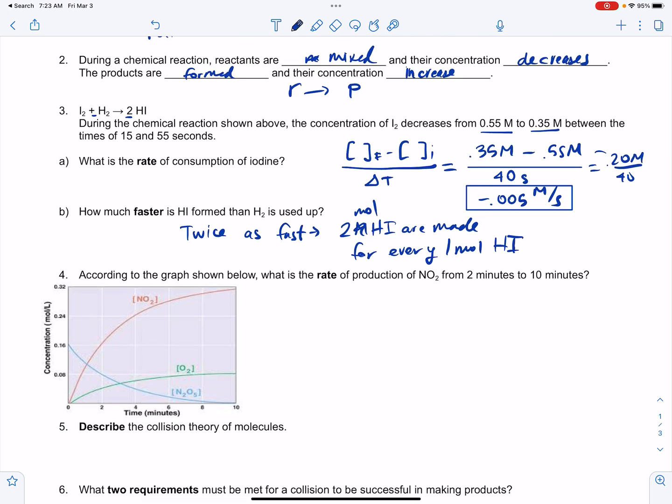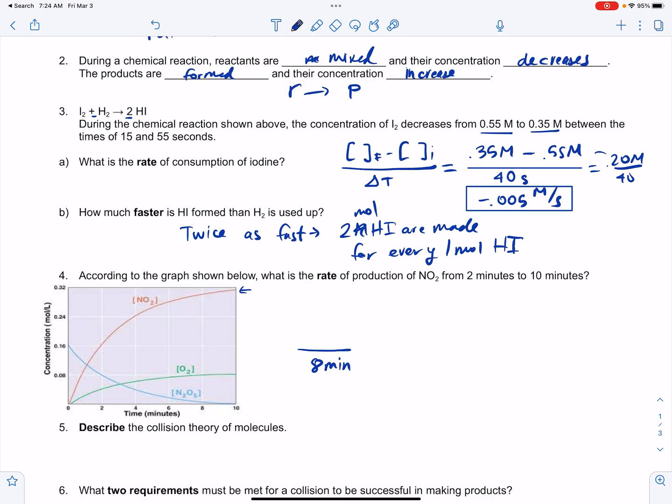According to the graph shown below, what is the rate of production of NO2 from 2 minutes to 10 minutes? Here's NO2. From 2 to 10, it happened over 8 minutes. At 10 minutes, it seems to have made 0.30. That's the final concentration.